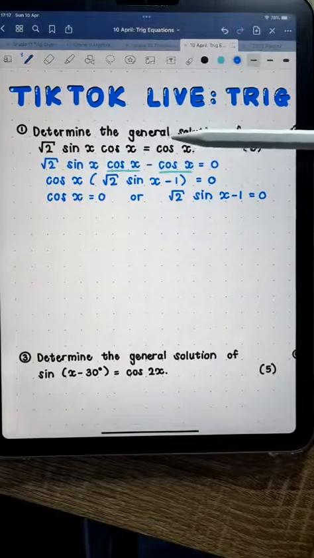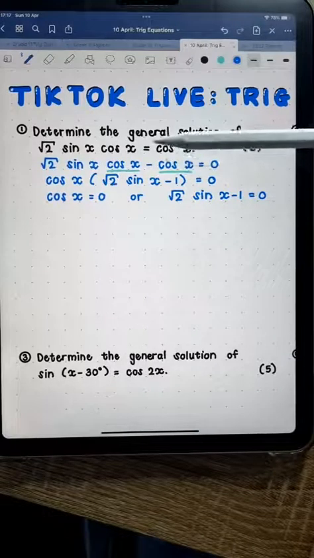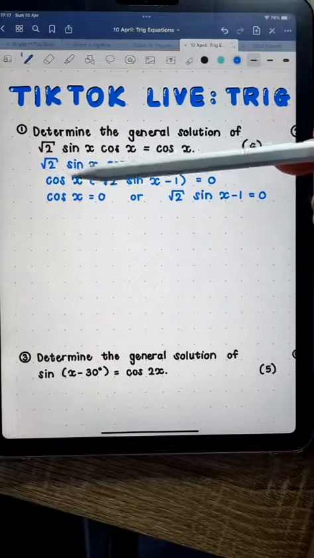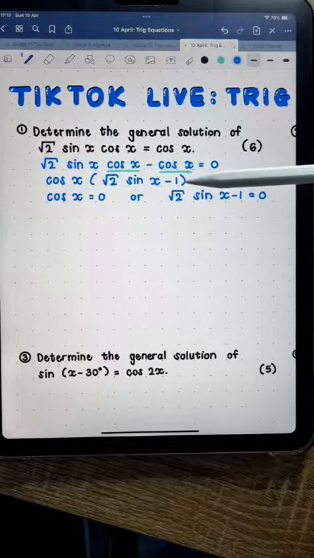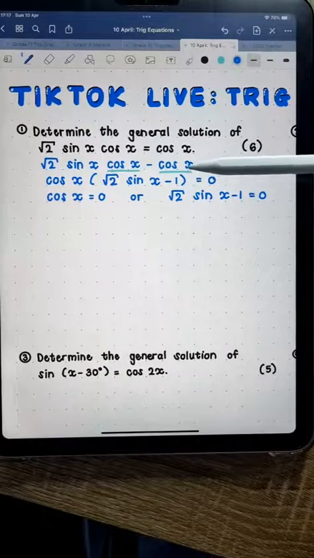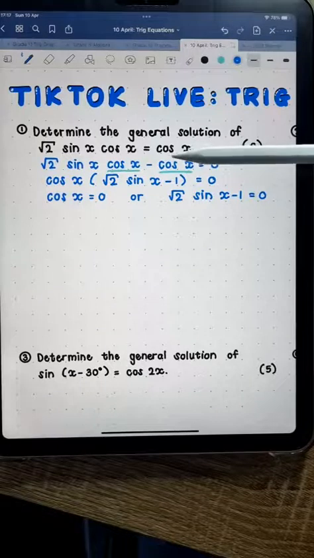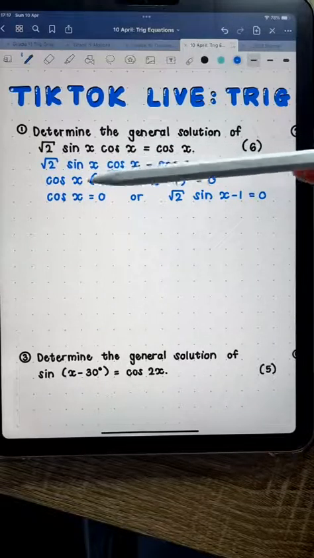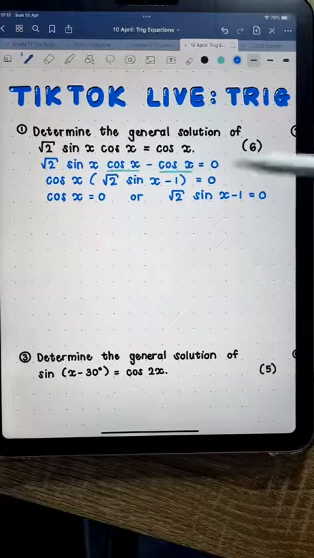And the next term, negative cos x divided by cos x, is negative 1. Someone was asking earlier where the negative 1 comes from: it's because when you take out a common factor, you divide that last term by the common factor, which gives you negative 1, equal to 0.